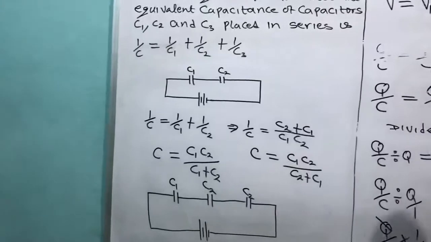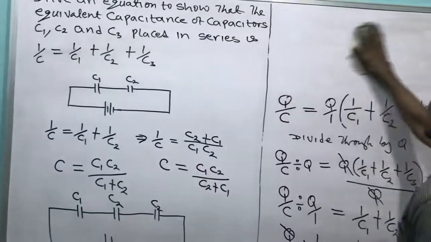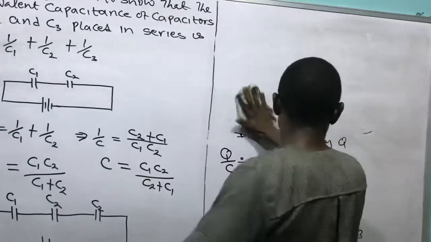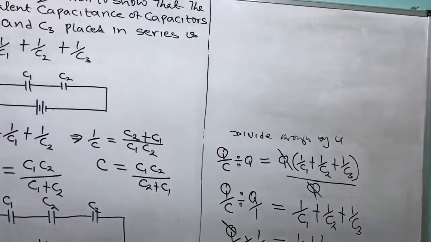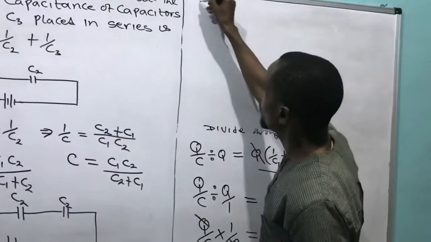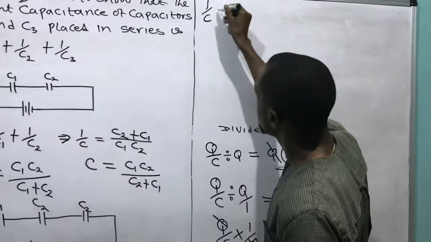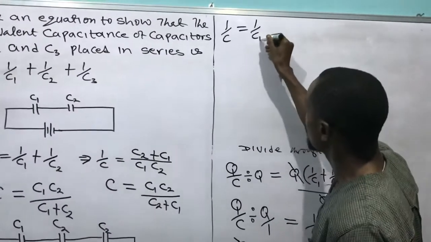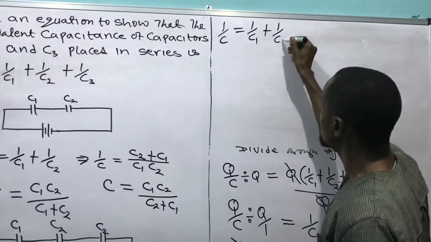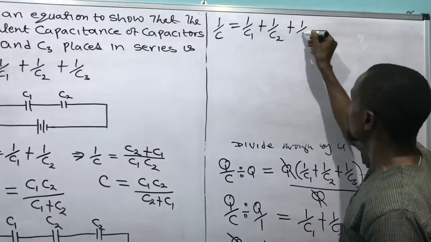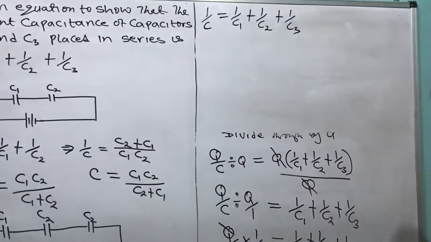Then let us see the simplest form we can use to calculate the sum. I can say that the capacitance of this, 1 over C equals 1 over C1 plus 1 over C2 plus 1 over C3, which we'll prove now.